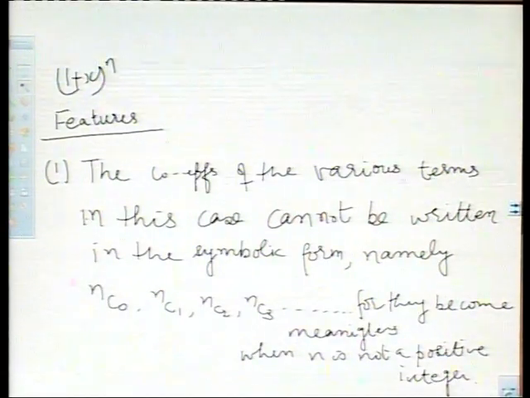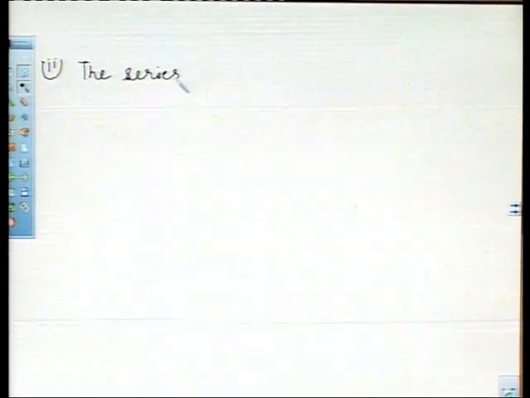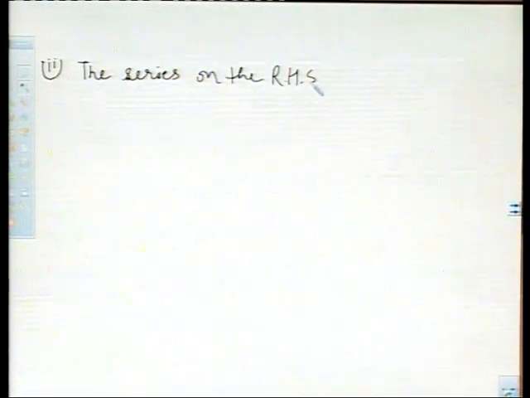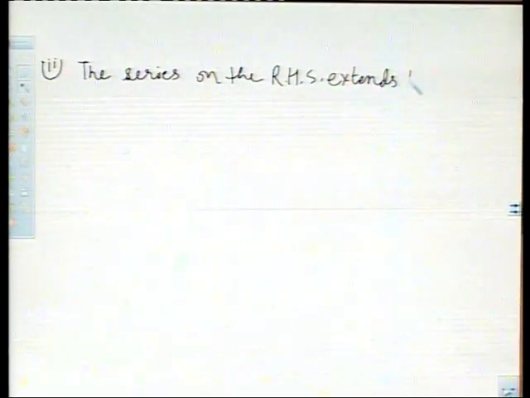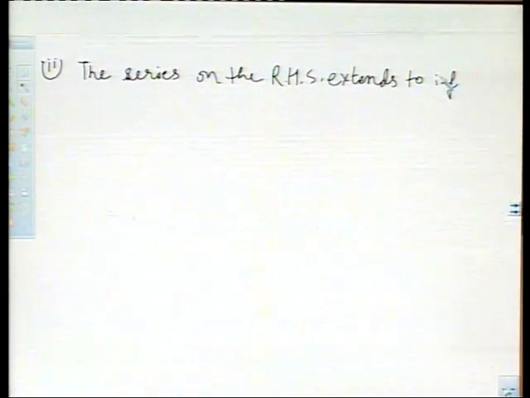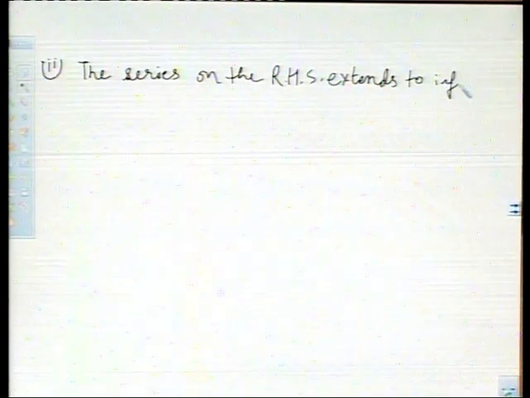Number 2, the series on the right hand side extends to infinity.